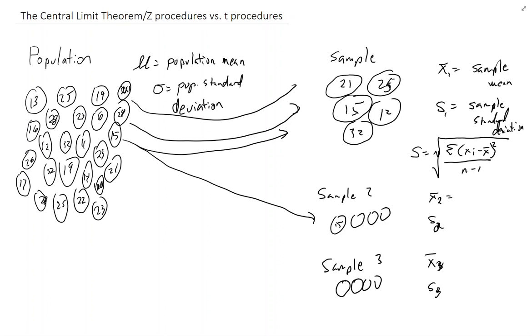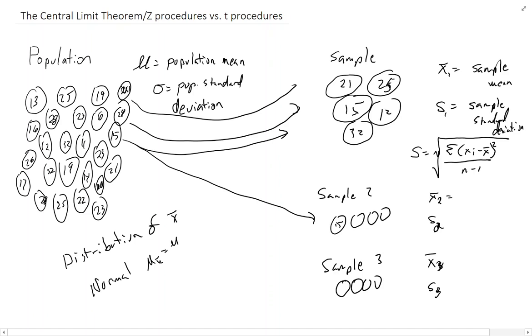And what the central limit theorem tells us is that we know what the shape of that distribution is. If you look at the distribution of the x bars, it should be normal, with the mean of the x bars equal to the mean of the population.